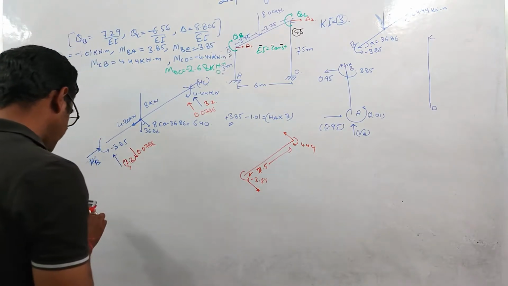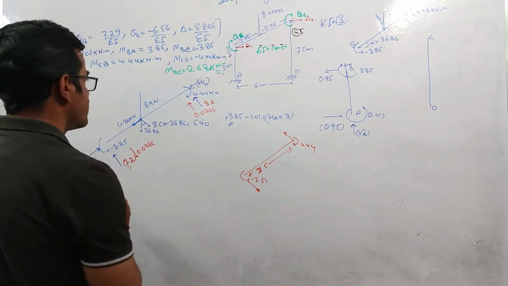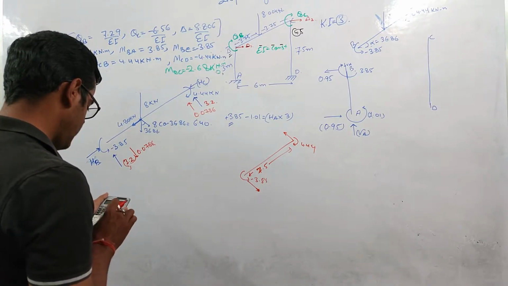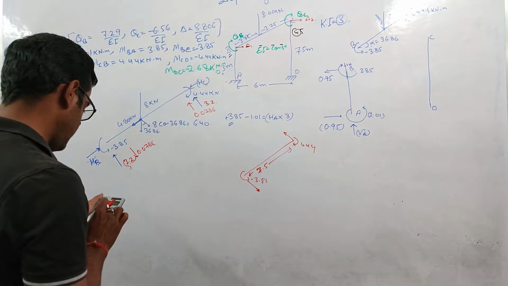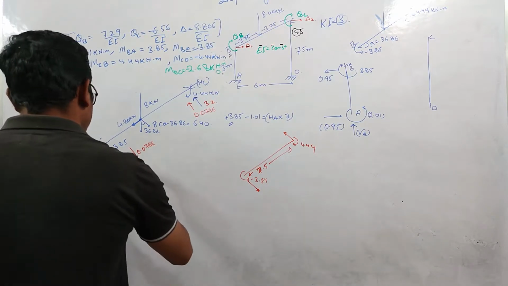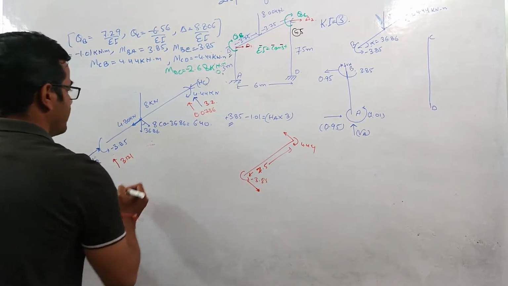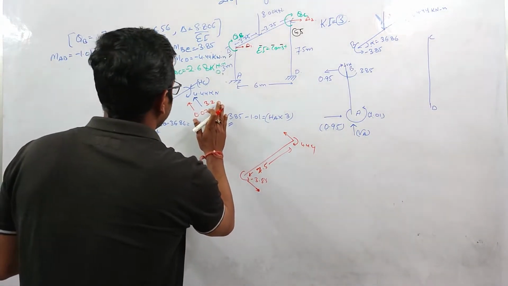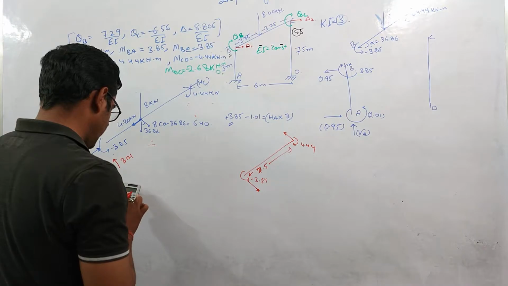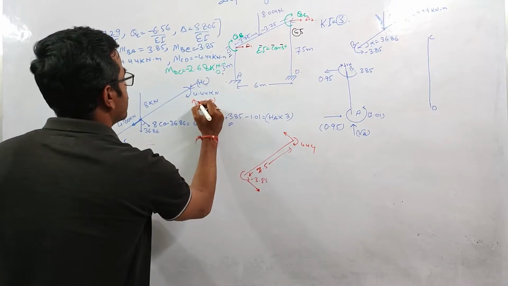So the net force at this point is 4.44 minus 3.85 divided by 7.5, minus 3.2, so the net value at this point is 3.121. And here the net value is 0.0786 plus 3.2, which is 3.27.